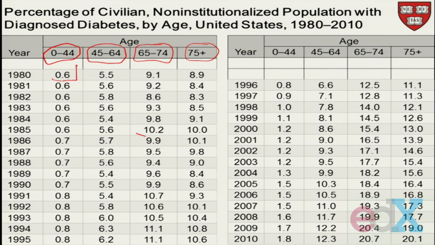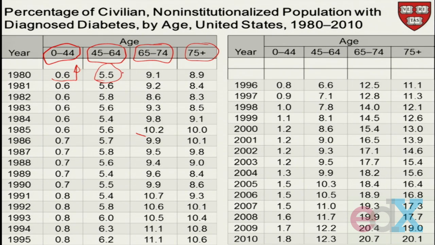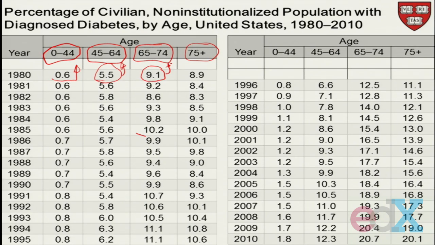So it's broken up in this way, and then for every year, what percent in every age group, so for example, in the 0 to 44, what percent were diagnosed with diabetes? So in 1980, in the 45 to 64 age group, 5.5%. And in the 65 to 74 age group, 9.1%, and 8.9% in the over 75.